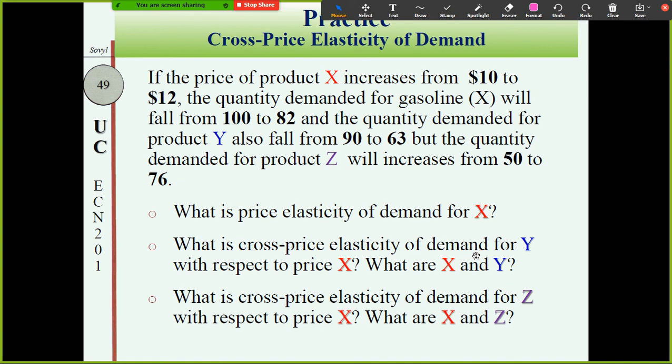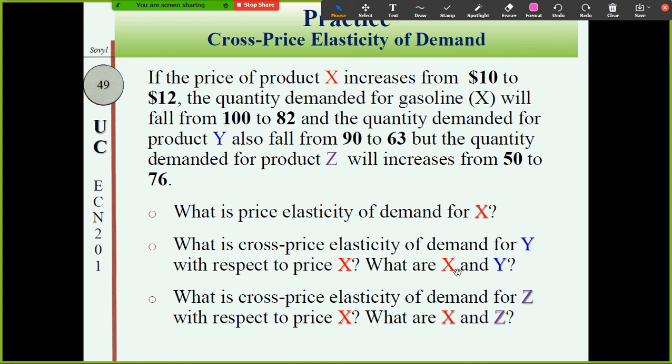Cross price. What is the cross price elasticity of demand for product Y, demand for product Y with respect to price X? What are the natures of X and Y?